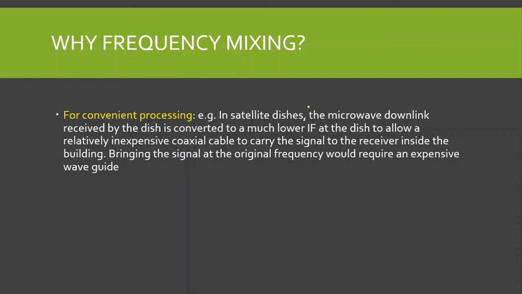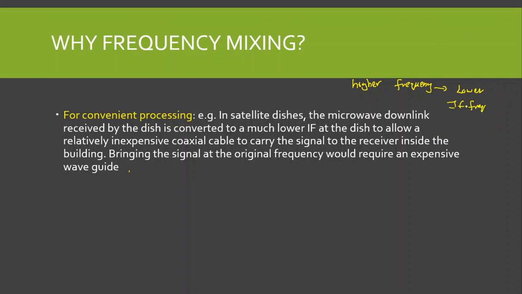So when the satellite dishes receive the signal from outer space, that signal is of higher frequency. Now if that signal is to be carried inside the building, then we have to use an expensive waveguide. But what we do is that we perform the frequency mixing or conversion, and by performing it, we convert this higher frequency into a lower intermediate frequency.